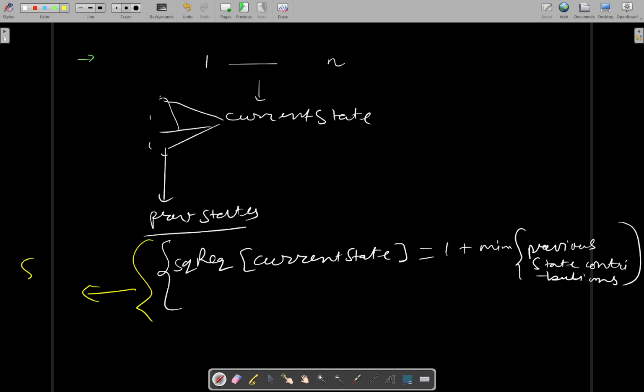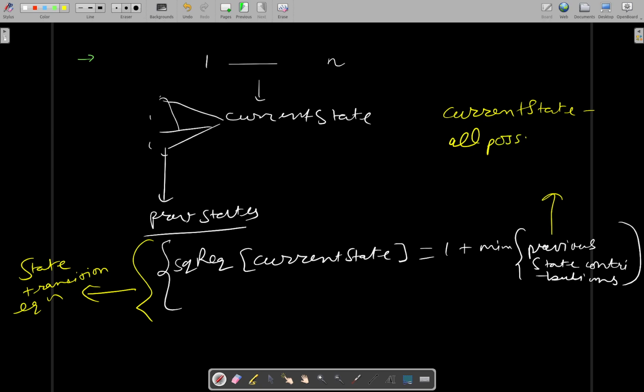Okay, so these previous states will be nothing but current state minus all possible perfect squares. You will be looping for all possible perfect squares lesser than the current state value.